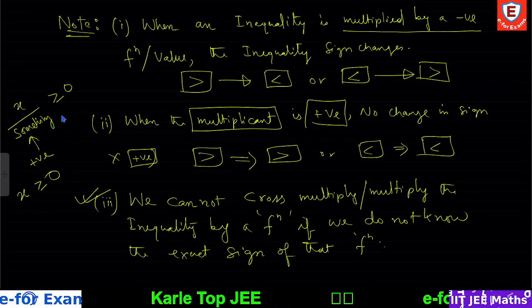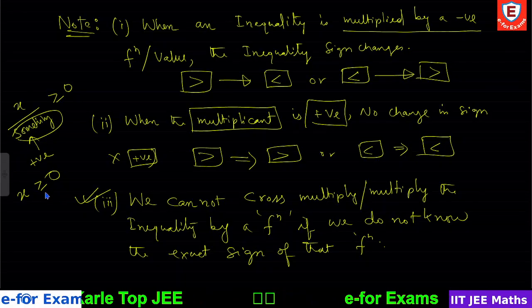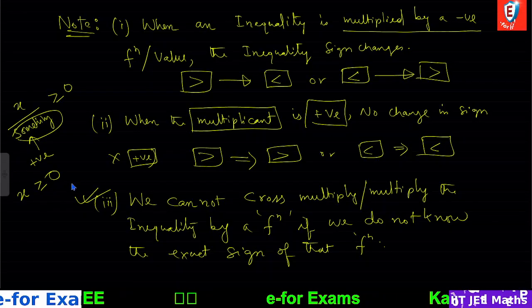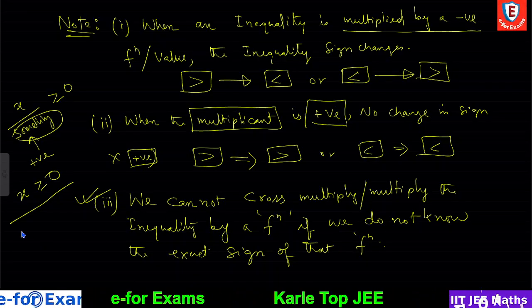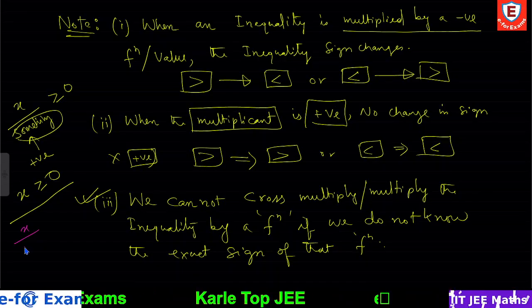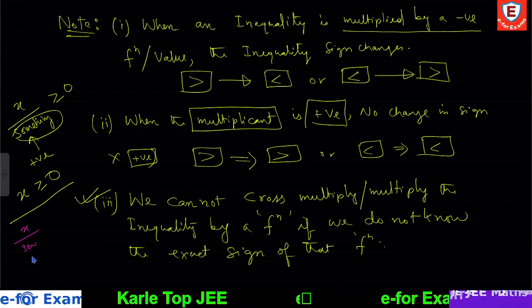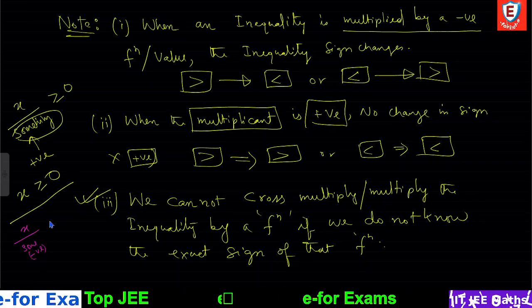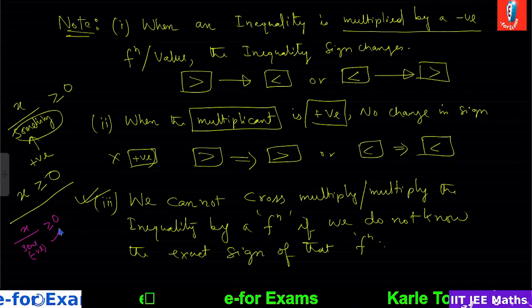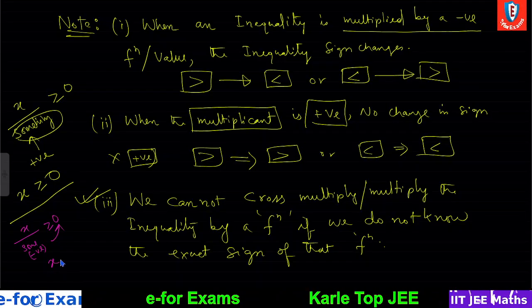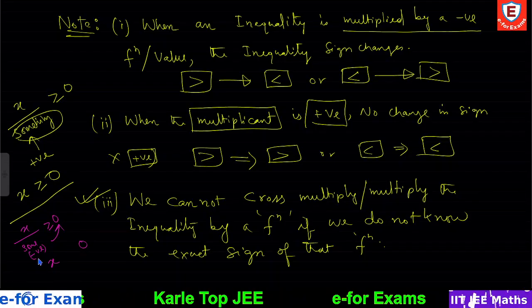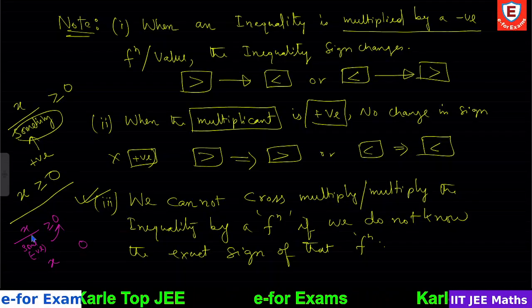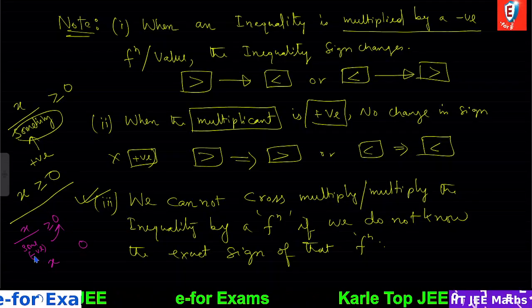But if something is negative, then when we cross multiply, the denominator will be gone, but it is negative, right?